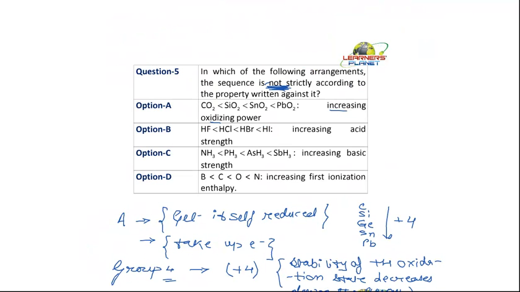Now, if I talk of Lewis base, it has a tendency to lose electrons or to donate electrons. Lewis bases, the electron donors, are called bases, and electron acceptors are called what?